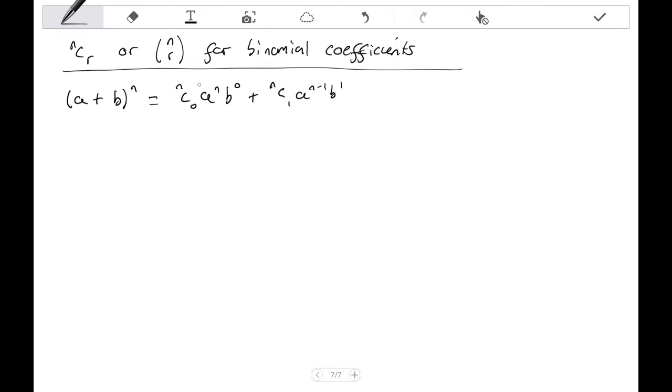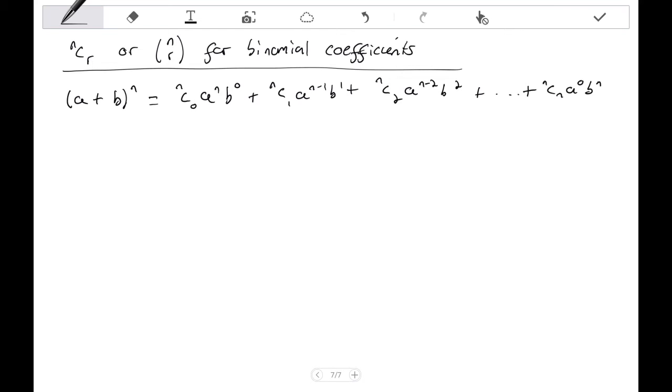So again, the powers of the first term will decrease, and the powers of the second term will increase by 1. Add n choose 2, a to the n minus 2, b squared. That goes all the way up to n choose n, a to the 0, b to the n. So that's how we can use these combinations as coefficients for our binomial expansion.